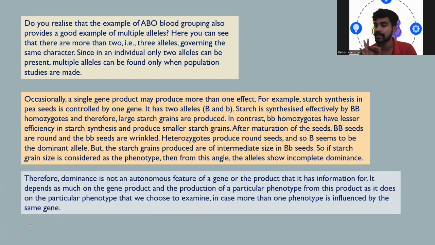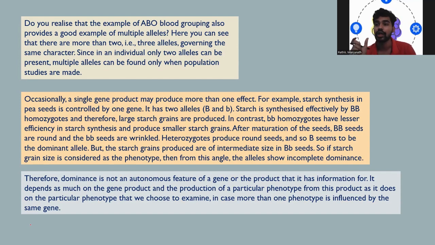Therefore, dominance is not an autonomous feature of the gene. Dominance cannot be considered every time as a feature of a gene or the product that has the information for it. It depends as much on the gene product and the production of a particular phenotype from this product as it does on the particular phenotype that we choose to examine, in case more than one phenotype is influenced by the same gene.